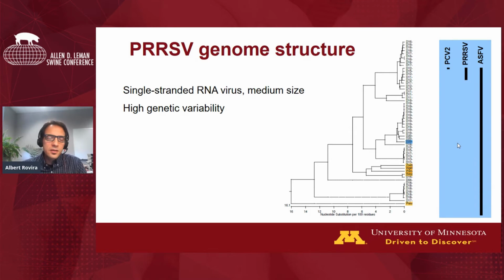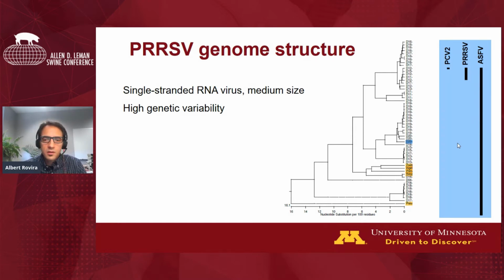And the other characteristic very important for interpretation of PRRS is that it has high genetic variability. Most of you will have one of these charts for your farm, for your system, for the farms that you visit with PRRS sequences. And you know that even within the North American PRRS virus, there can be a lot of variability.